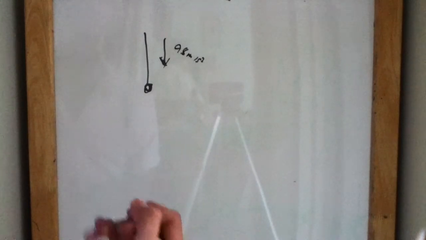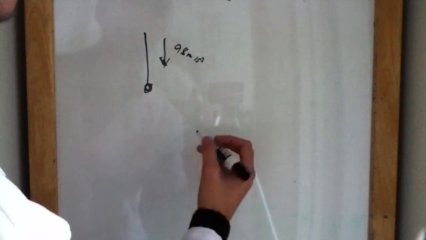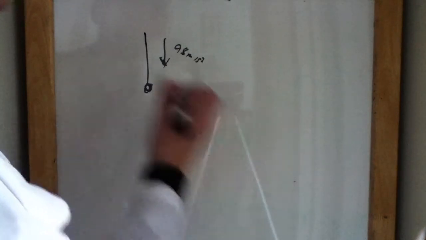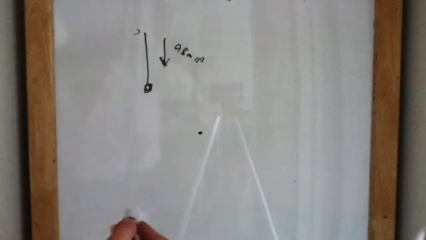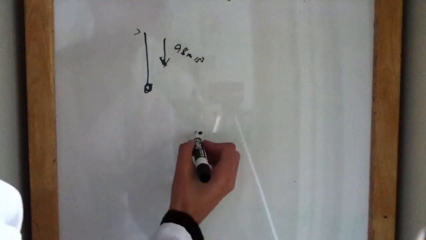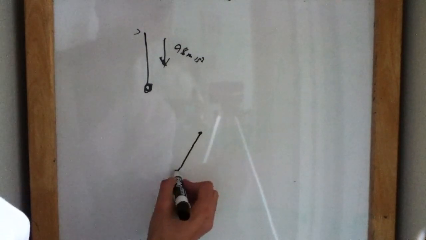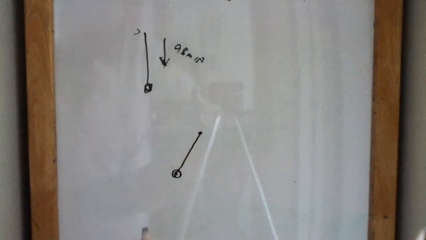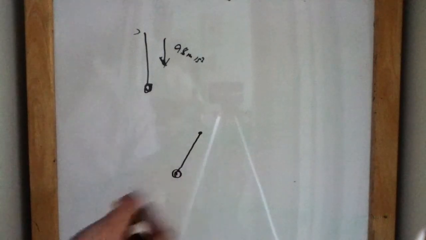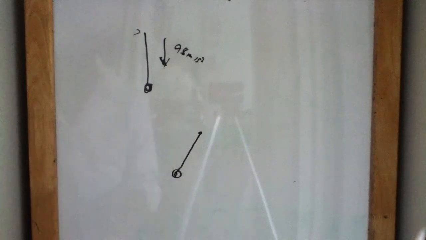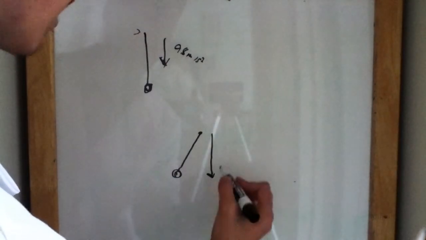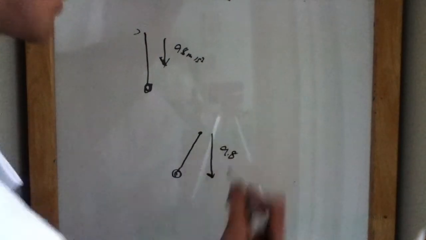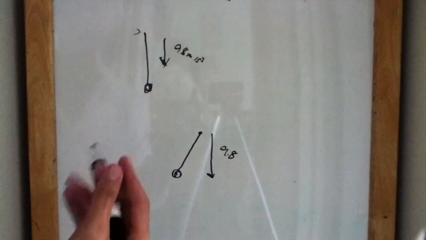Now, the way you'd measure it is you'd have your pivot point, which would be right here on this one, and then you'd have your string, and say it were to be going like this, the length would stay the same because the string doesn't grow or shrink. The weight would stay the same because that doesn't grow or shrink either. But due to gravity, you will still always have the 9.8 acceleration vector.